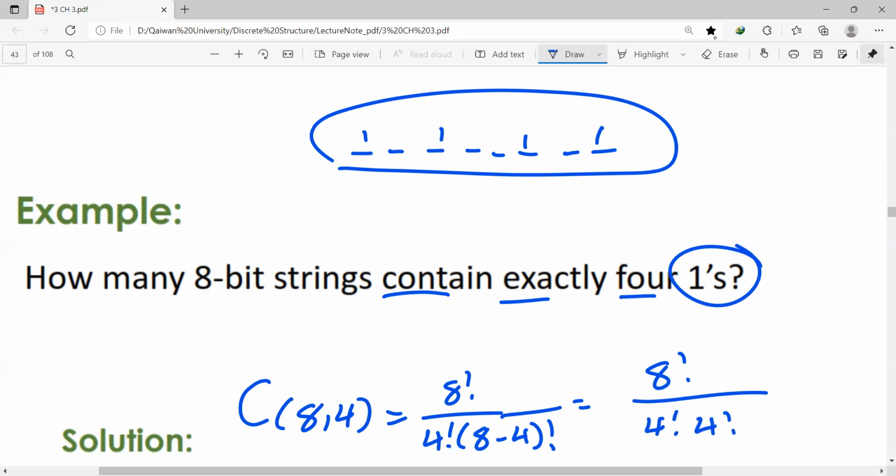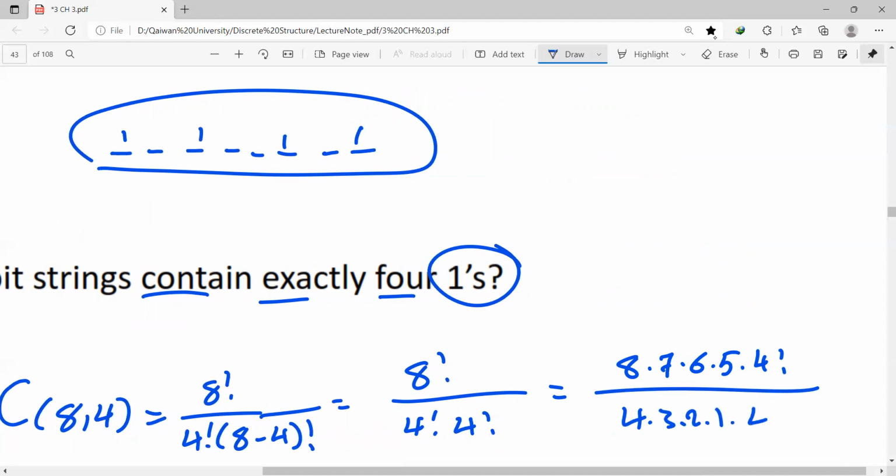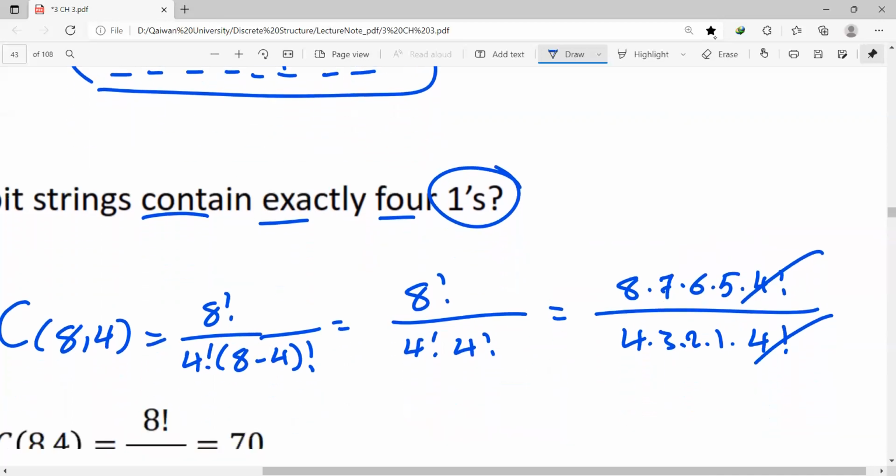This equals 8 times 7 times 6 times 5 times 4 factorial, divided by 4 times 3 times 2 times 1 times 4 factorial. We have 4 factorials in both numerator and denominator, so these two are cancelled out.